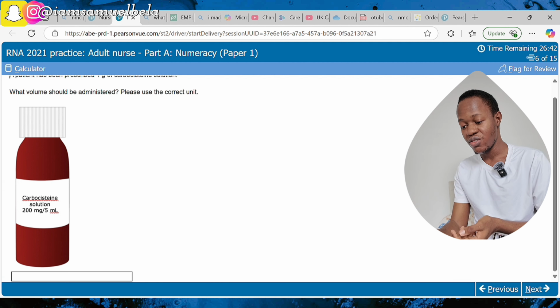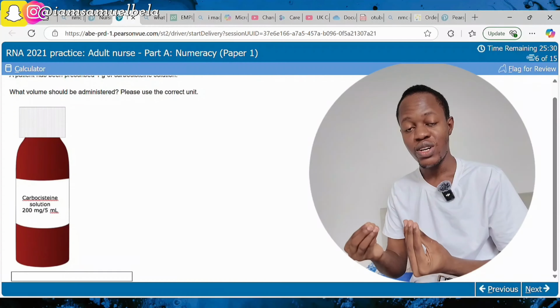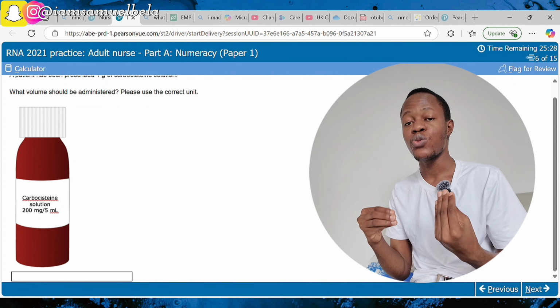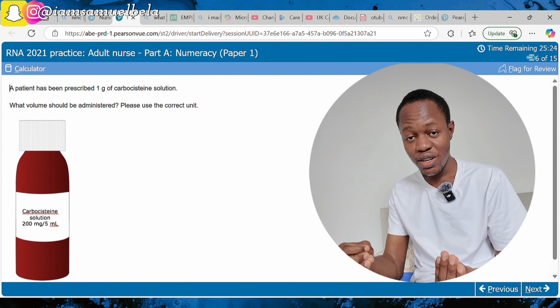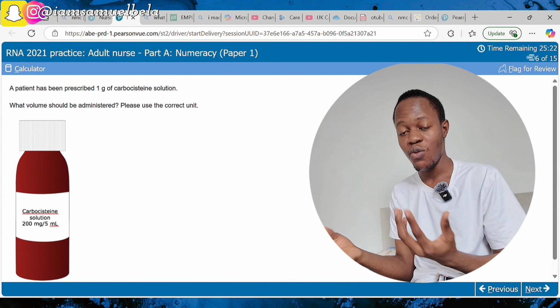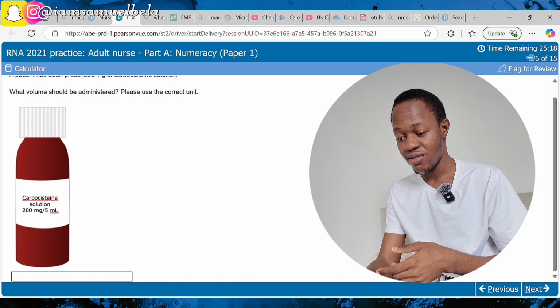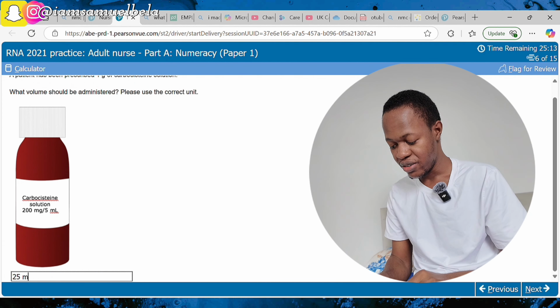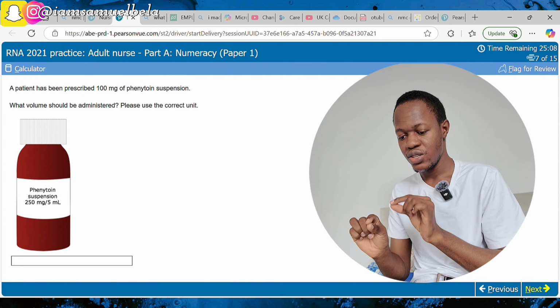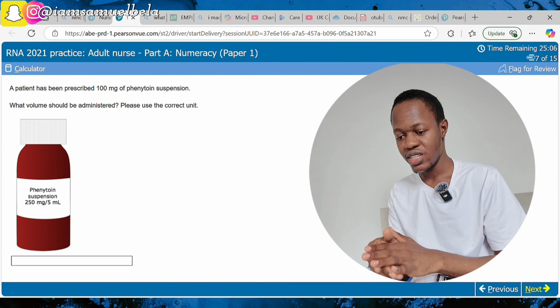I don't want this video to be too long, and these are basic mathematics. So we have 200 milligram in 5 ml, that means we have 1000 milligram in x. If you cross multiply, our answer should be 25. So 25 ml. Take note of how I'm putting the units, ml, just like it's written in the question.